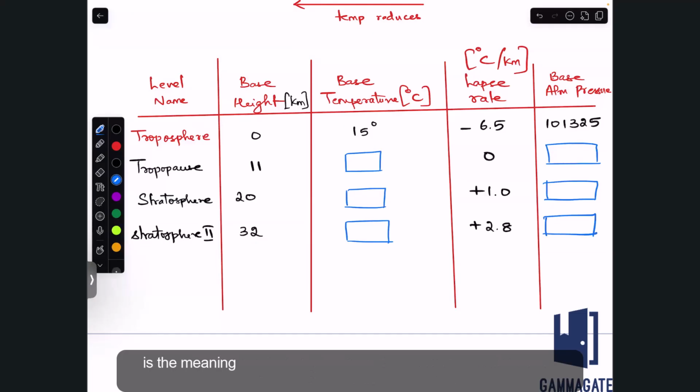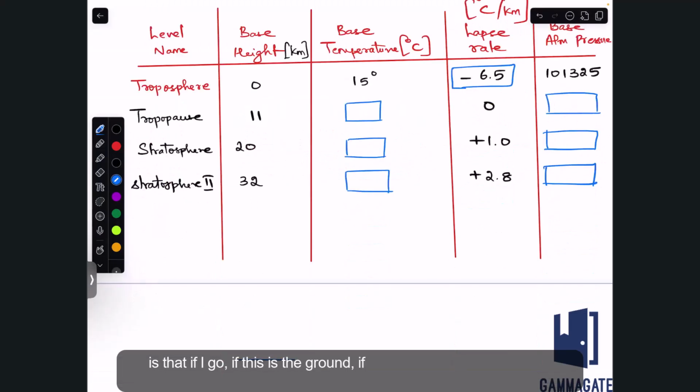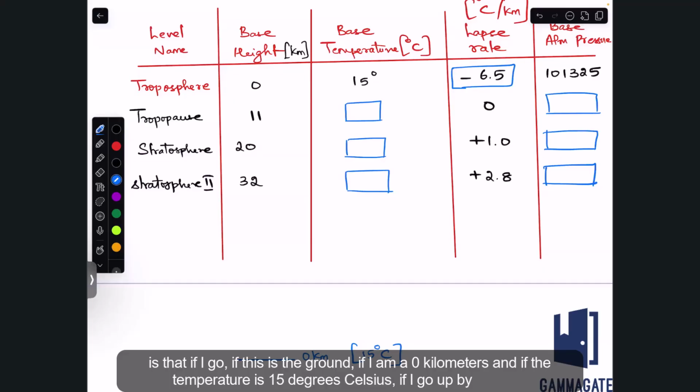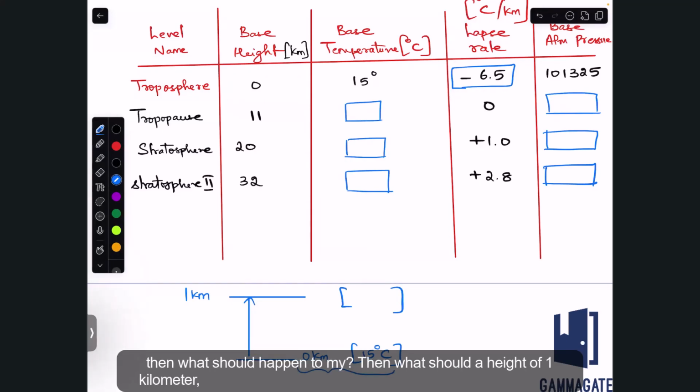Now, what is the meaning of minus 6.5 degrees per kilometer? The meaning is that if this is the ground, at 0 kilometers, and the temperature is 15 degrees Celsius, and I go up by a height of 1 kilometer, then for every kilometer the temperature reduces by 6.5 degrees.